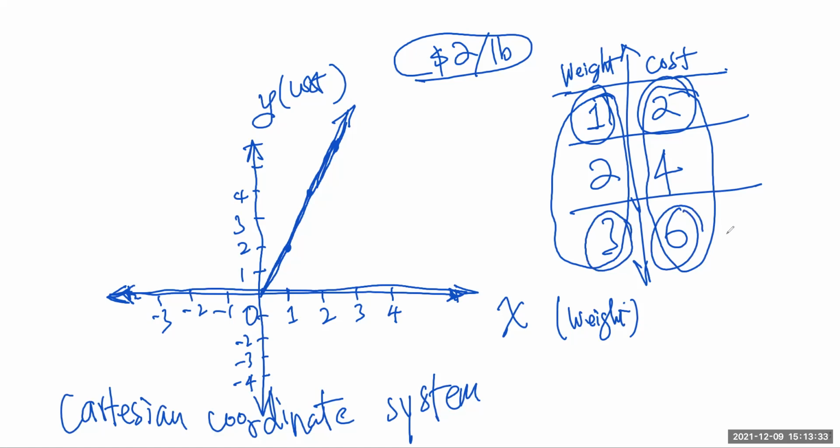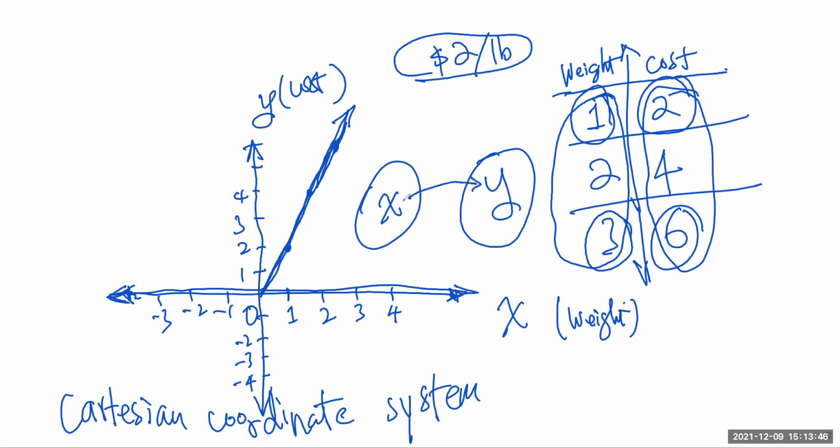So that tells us a relation between 2 sets of data. Normally we call one set X, another set Y. The function tells us how everything gets mapped. Good? Okay, so that's what a function is.